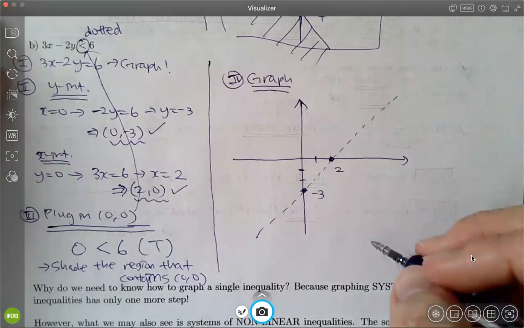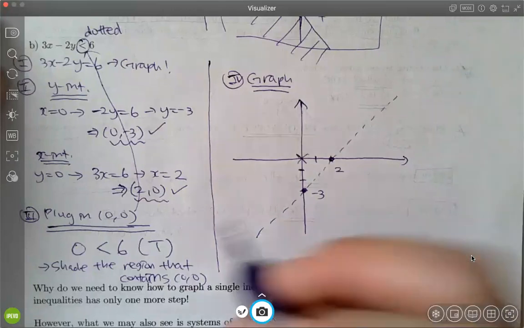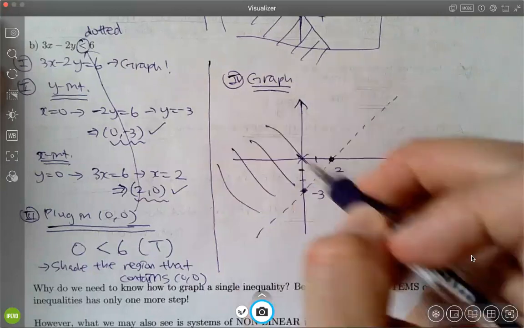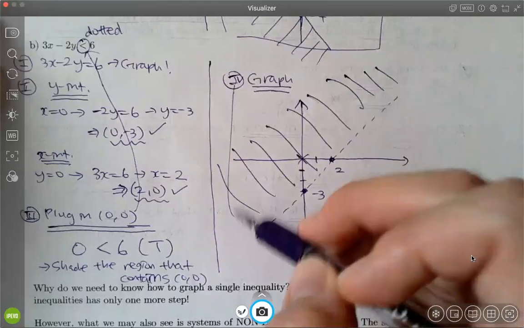And then, where is the origin? In the above region. And we got a true statement for that. So what does that mean? We shade this time the above region, right? Okay, so that's the answer.